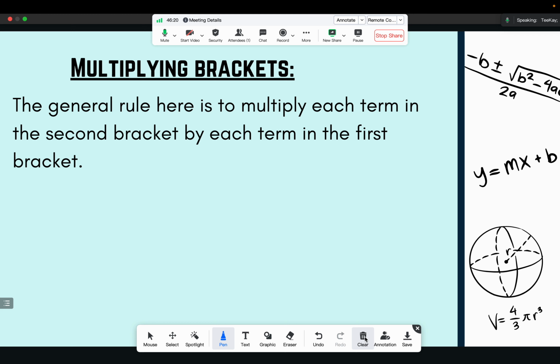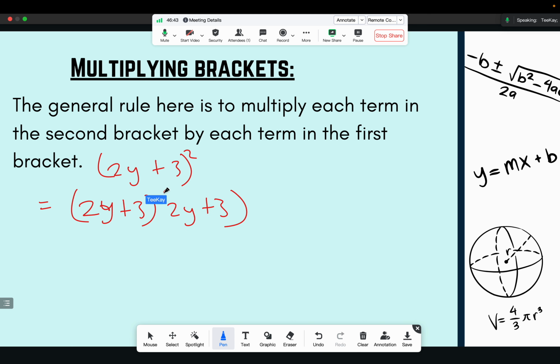What about if we have this one, 2y plus 3, and then we square this. In this case, we can use the way we always use. Let's write it here: 2y plus 3 and 2y plus 3. Because it's squared, it means you're multiplying this by this. So we do the same. This and this, we get 4, because 2 by 2 is 4, and y by y is y squared.